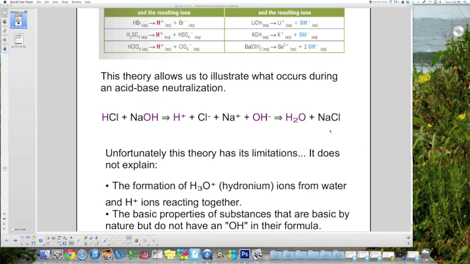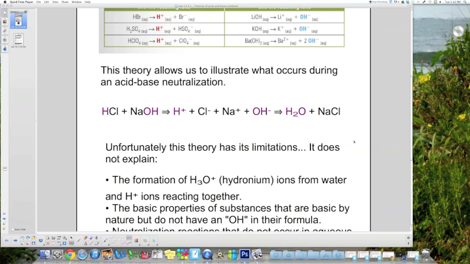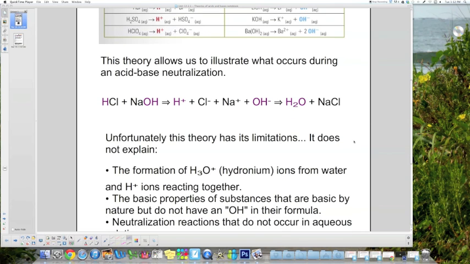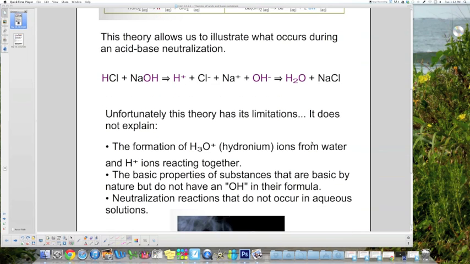Now the problem with this theory is that it's limited. It doesn't explain certain observations that we can make in a real neutralization. What is unaccounted for is the following. Sometimes we have H3O plus ions, or hydronium ions, that form when a water molecule combines with an H plus from an acid.